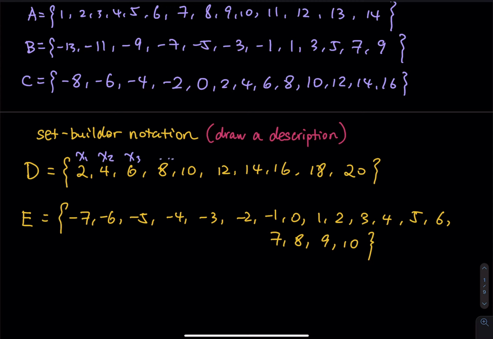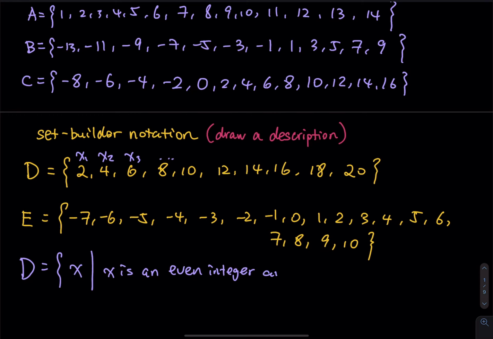So D is x such that x is an integer. To be specific, I should say x is an even integer, and x is between 2 and 20, including 2 and including 20.